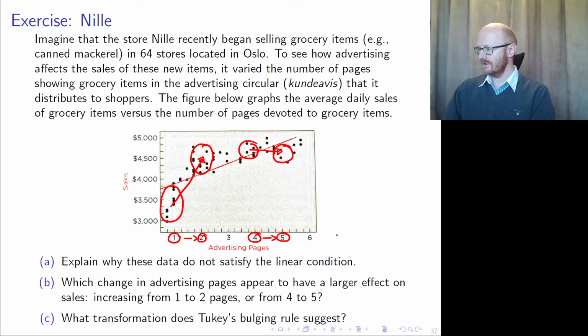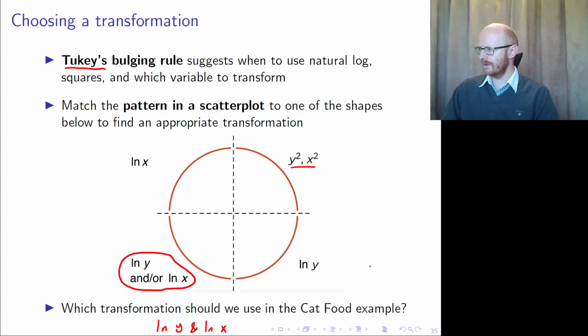Well, here we see that our pattern is upward sloping, but it's tapering off, so it's concave. If we go back to Tukey's rule, we have just the same pattern here.